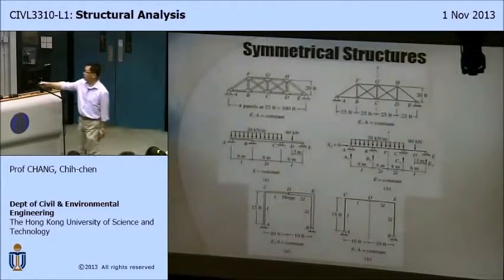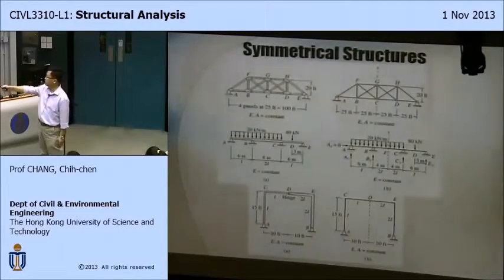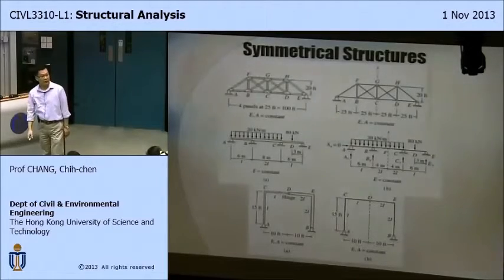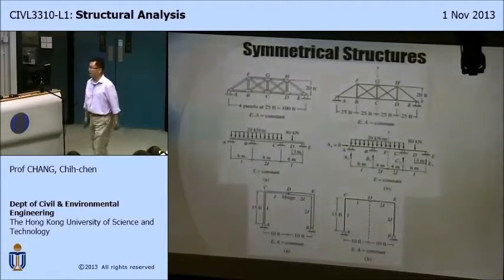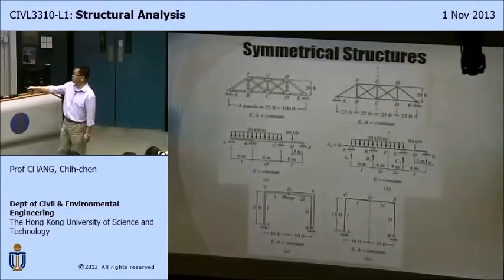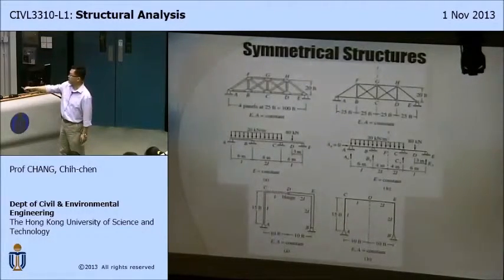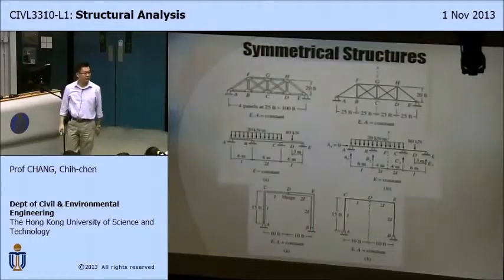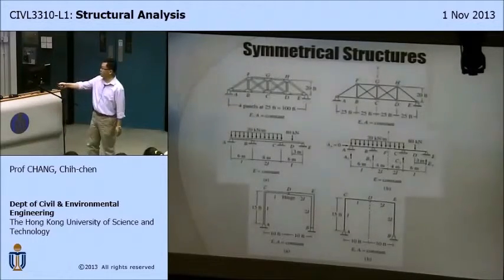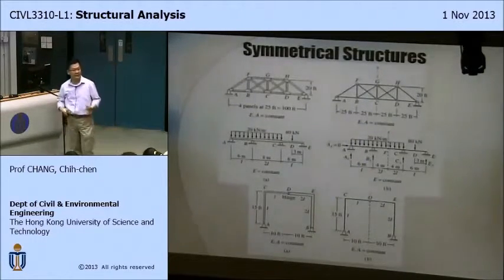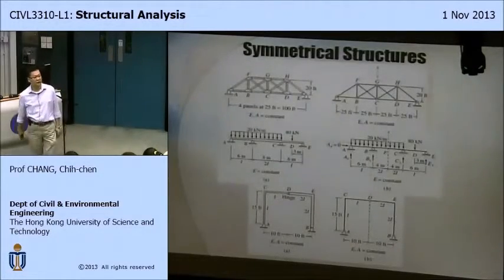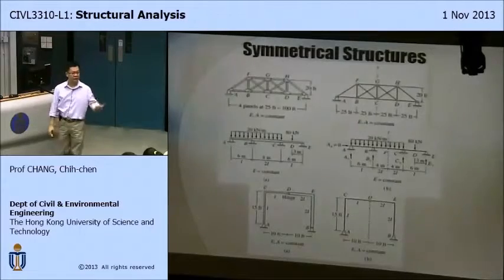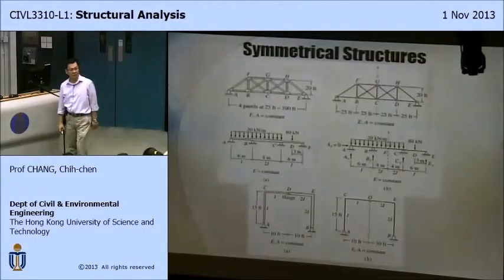Okay, so how about this one? Well, the geometry and dimensions are identical on the left and the right. Now, the difference is that the material properties on the left and on the right are different. So if you flip the structure, you see that it's not going to be symmetrical, although it appears to be symmetrical from the geometrical and support conditions viewpoints.